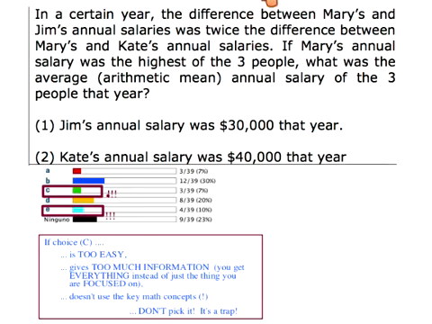So you have this fact about the difference between these 2 being twice the difference between these 2, and hers is the highest. If you pick C here, then you have numbers for Jim and Kate, which would mean you could just find Mary, because Mary's would have to be twice as far away from 30 as from 40, which means it would have to be 50.